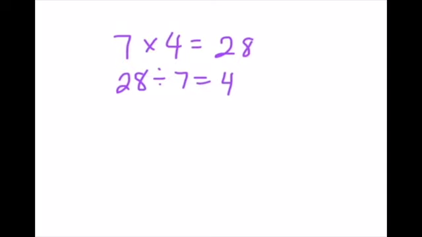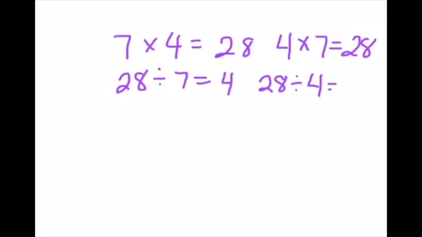If I think about my fact families, which we'll actually be going over a little bit more tomorrow, I would just have to use the commutative property for multiplication, switching my factors around, but having the same product. 4 times 7 equals 28. And for division, we know that the 28 still goes first, no matter what. But I could do divided by 4 equals 7.